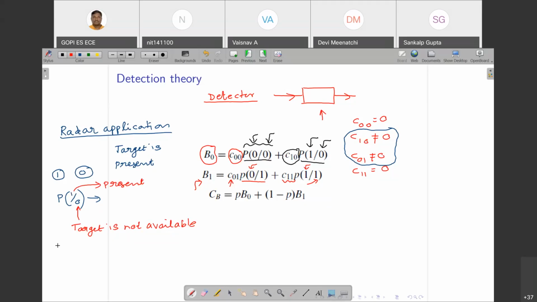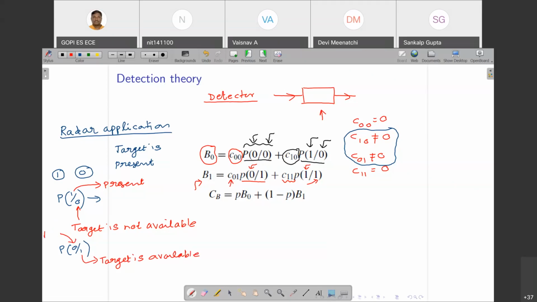So you have the other way around: 0 given 1. In this, the target is actually available, but you are saying that it is not available.